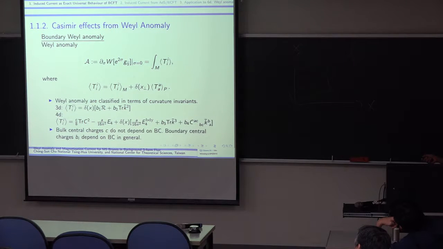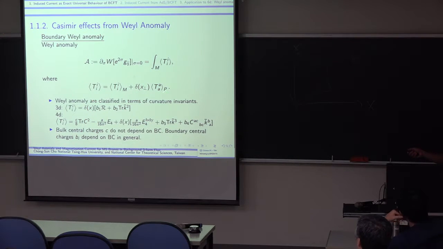In 3 dimensions, for example, we know there's no bulk Weyl anomaly. It's 0. There's only a boundary Weyl anomaly, of this form. The boundary of the three-dimensional manifold is two-dimensional, so you get an integral of the Euler density of the boundary, R, and also a trace of K bar squared. And then in four dimensions you get something like this.